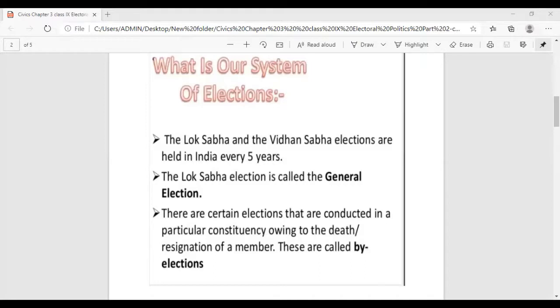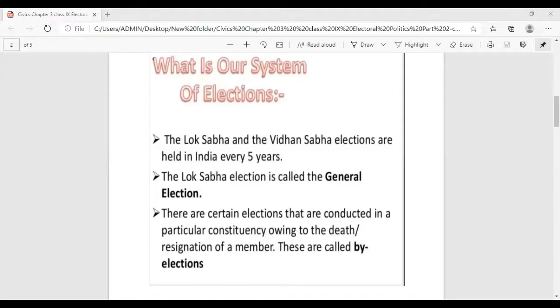The elected representative from each constituency becomes a member of parliament, that is MP. Now there are a total of 543 constituencies in India. In Lok Sabha, we have 545 seats, out of which 530 seats come from the constituencies within states, 13 seats come from the union territories, and 2 seats are directly nominated by the President of India.